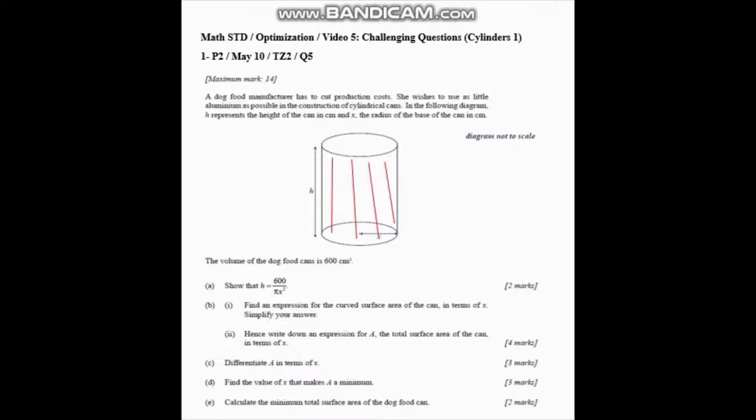So this part is given by the perimeter of the circle, the perimeter of one of the circles, either the top or the bottom, multiplied by the height. So the area of the curved part of the cylinder is equal to the perimeter of the base multiplied by the height, which is 2 pi r times h, or rather 2 pi x times h.